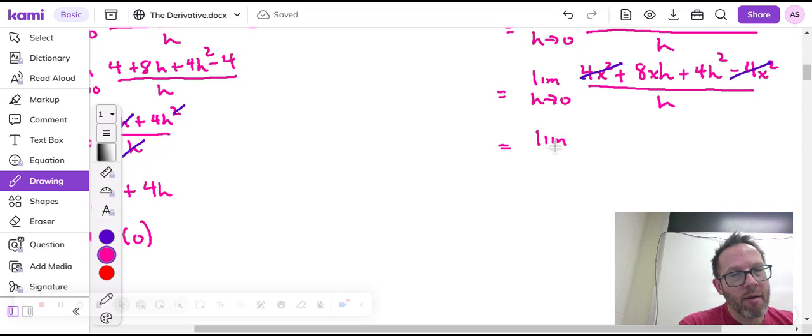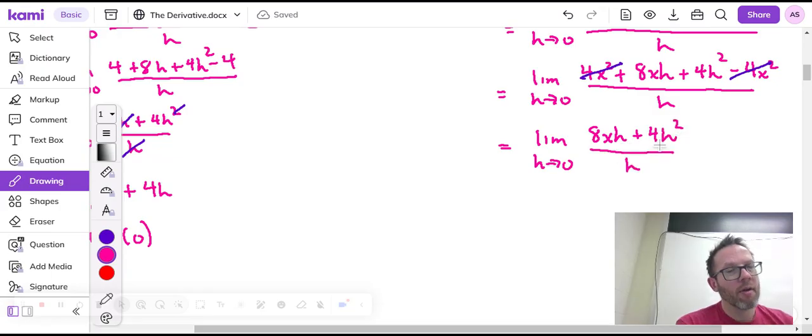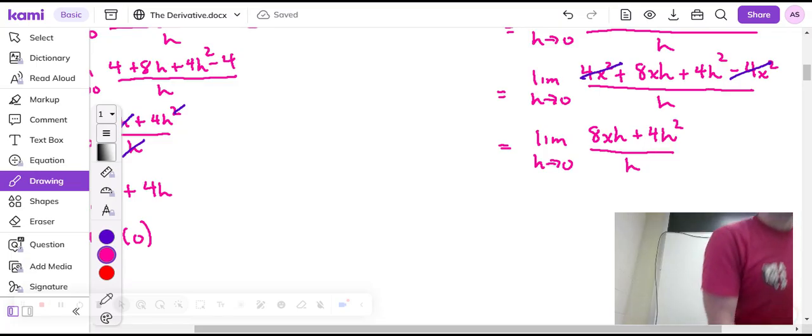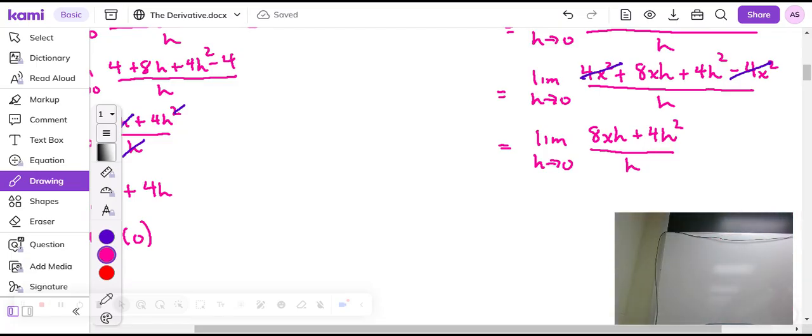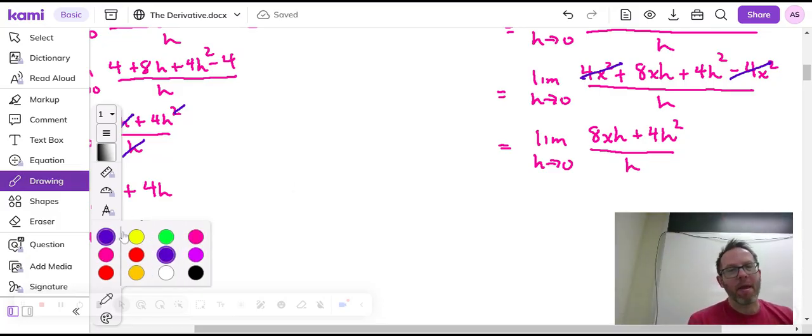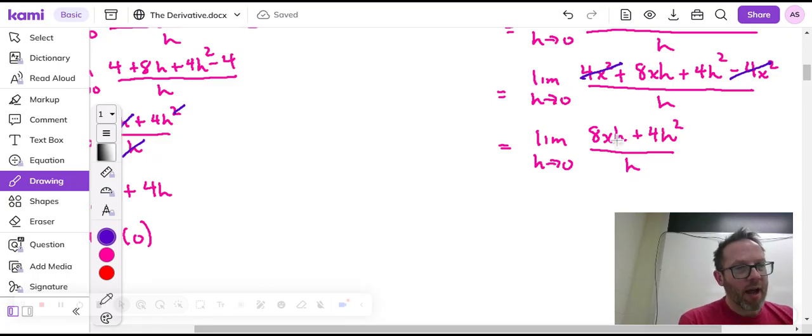We're left with the limit as h approaches 0 of 8 times x times h plus 4h squared over h. Can't plug in 0 yet because everything on top has an h in it. We would get 0 plus 0 over 0. That's 0 over 0. That's bad. But strategy from yesterday, what if we factor? 8xh has an h in it, 4h squared has an h in it, and those will divide with the h on the bottom.